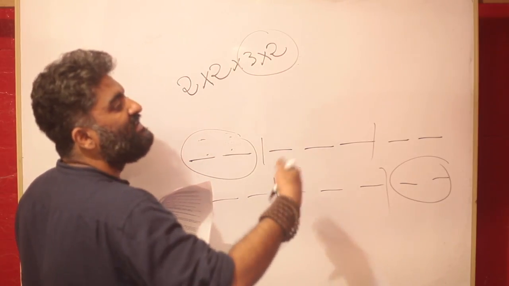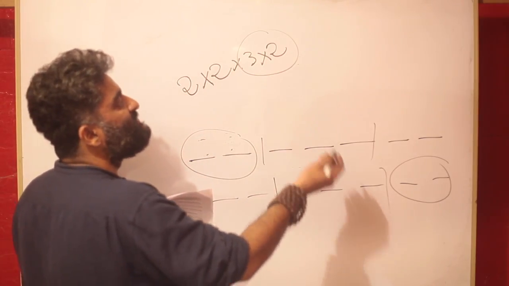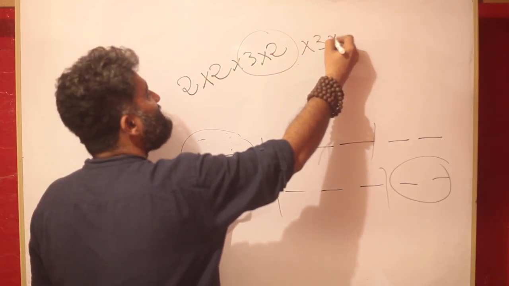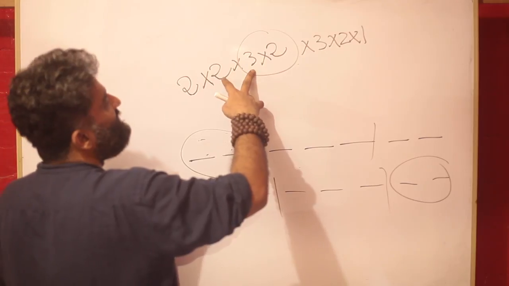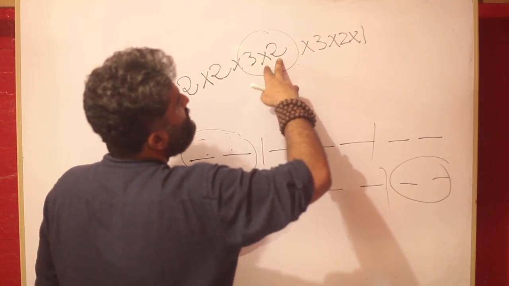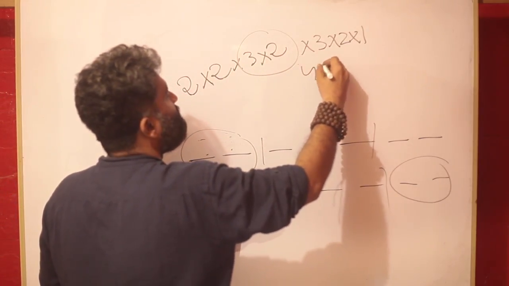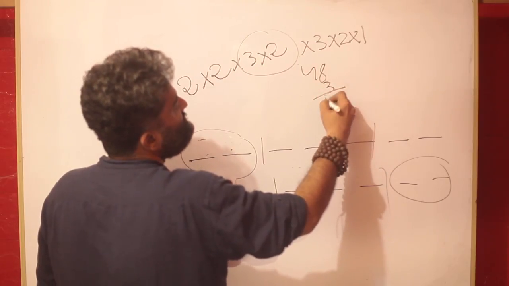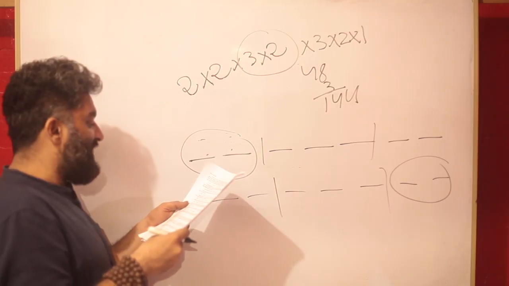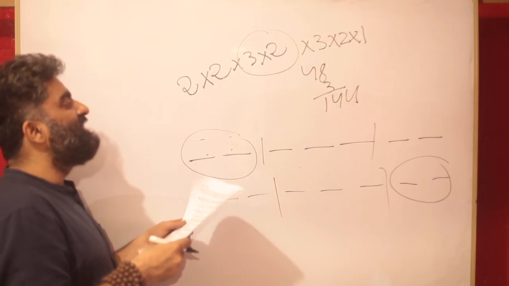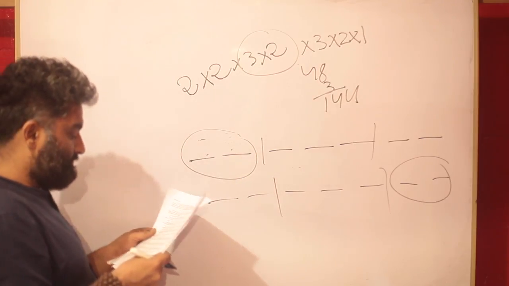But overall, there are 3 seats remaining for 3 people, and that is as simple as 3 into 2 into 1. Multiply this, 4 into 3, 12. 12 2s are 24. 24 2s are 48, and 48 into 3 is 144, right? So your answer for question number 9 should be option D, 144, right?